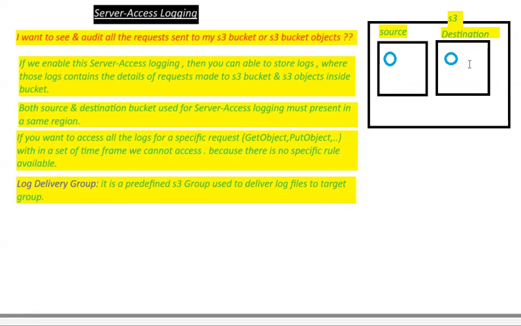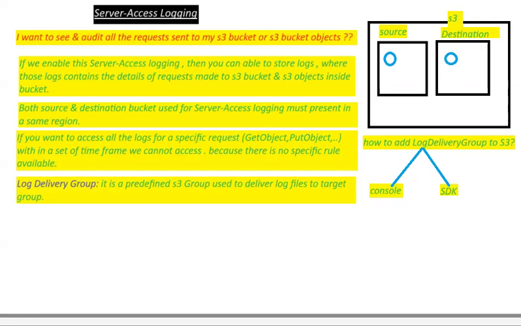You can enable it by using the console, or you can enable it programmatically by using the SDK as well. From the console, you don't need to do anything. It will be added automatically.